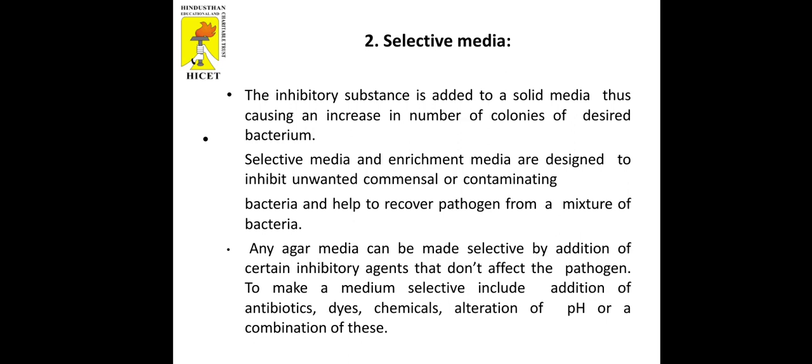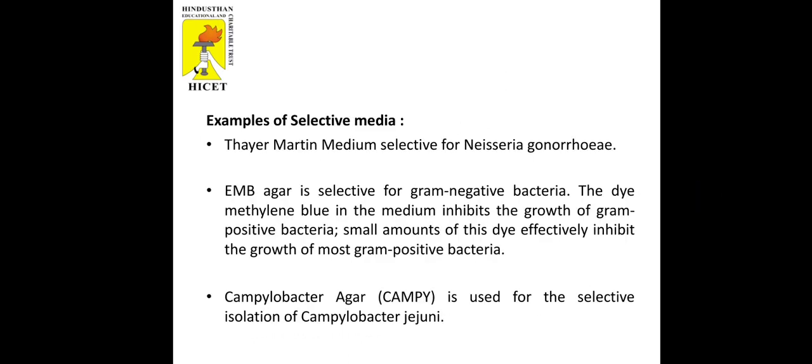Any agar medium can be made selective by the addition of certain inhibitory agents that don't affect the pathogen. Ways to make a medium selective include addition of antibiotics, dyes, chemicals, alteration of pH or a combination of these. Examples of selective media: Thayer-Martin media, selective for Neisseria gonorrhoeae; EMB agar; Campylobacter agar.